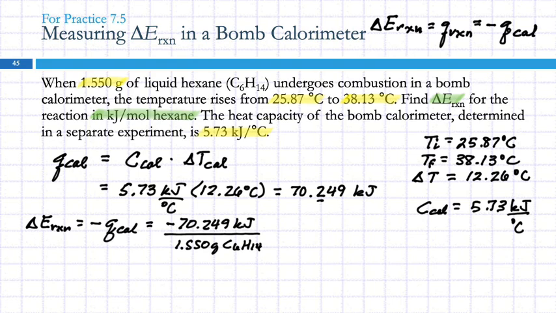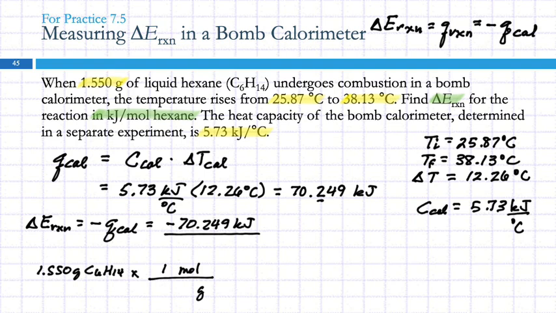So what we want to do is take this mass and calculate the moles. I've got that many grams, and I can calculate the molar mass of hexane as 6 times 12.01 plus 14 times 1.008. So I want to divide by grams and multiply by moles.